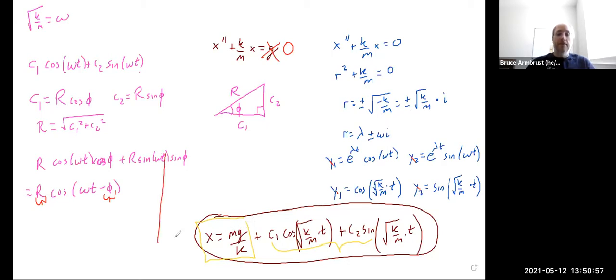The mg over k was the only bit that actually came from it being non-homogeneous. And since that's just a scalar, just a constant, like we said, it's just a shift, we're just going to completely ignore it.